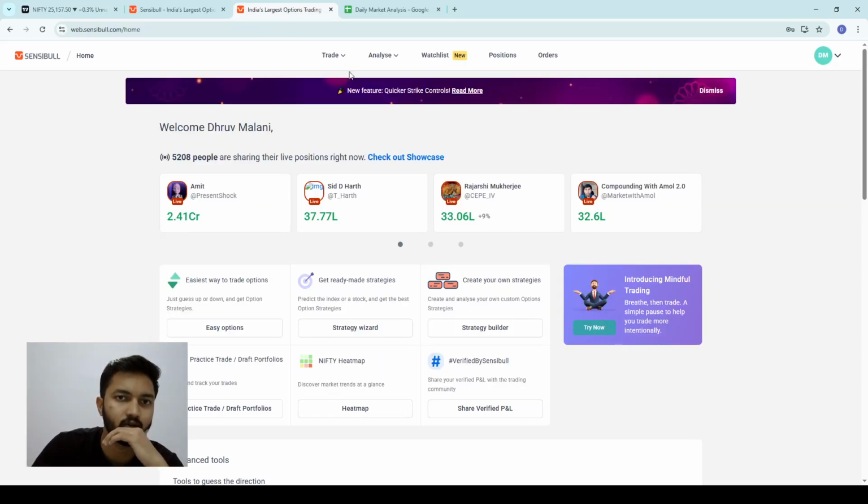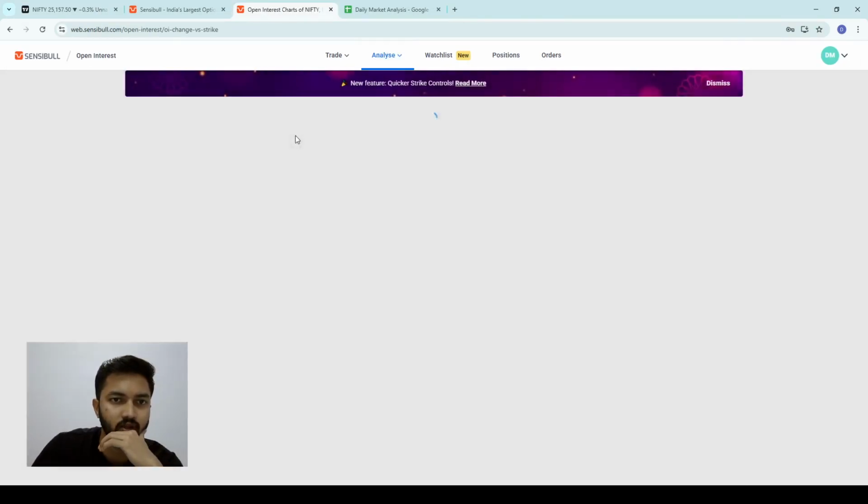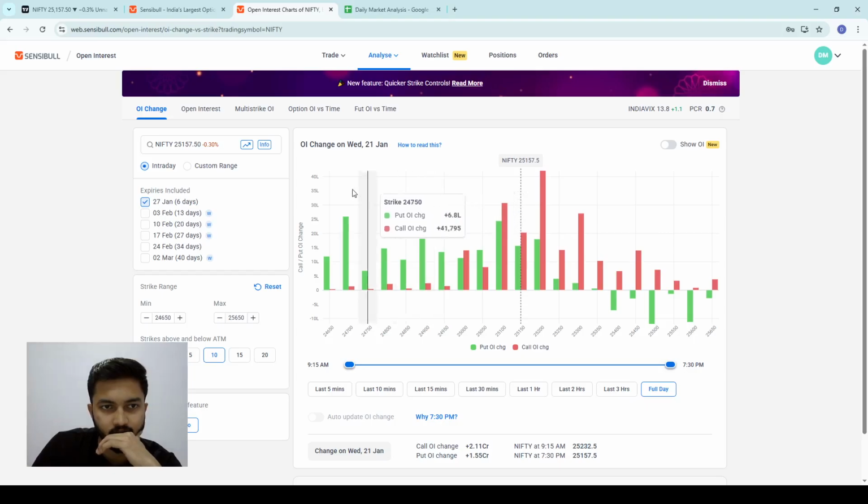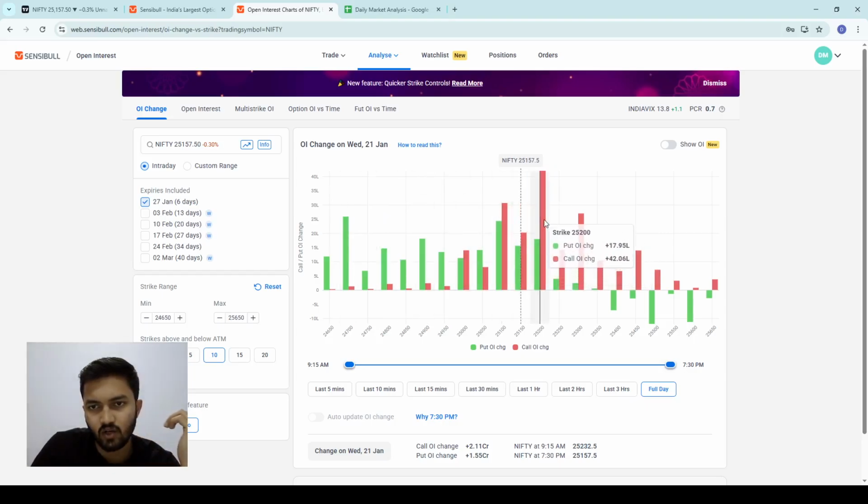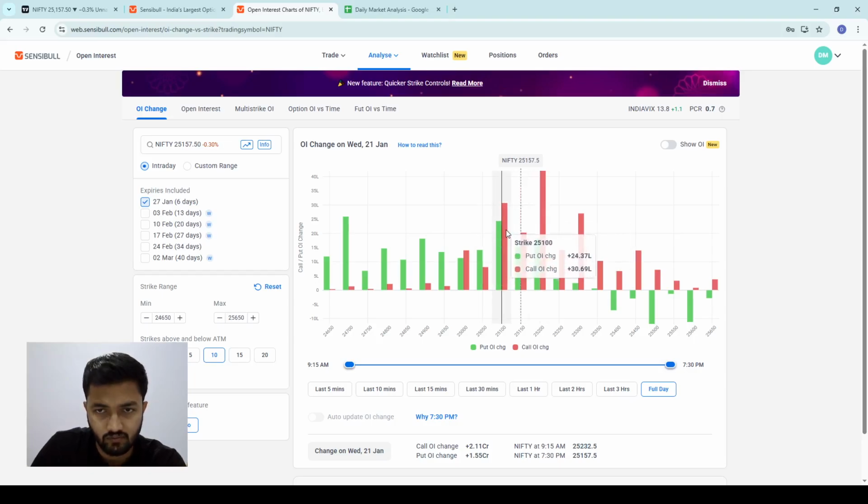Let's try to look at what is actually happening in the OI data. So now 25,200 is acting as a very big resistance, right? There's a lot of call writing compared to the put writing. 42 lakh call options against put writing of just 18 lakhs, net negative.